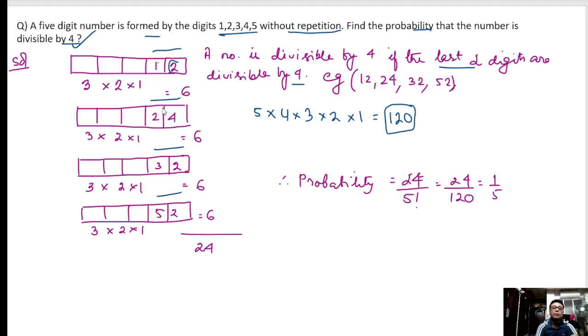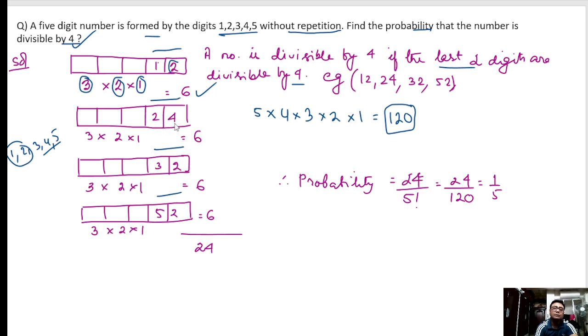Now when we have 12, that means 2 options are already chosen out of the numbers 1, 2, 3, 4, 5. That means in the first box I have 3 options, in the second box 2 options, and in the third box 1 option. That means a total of 6 numbers.